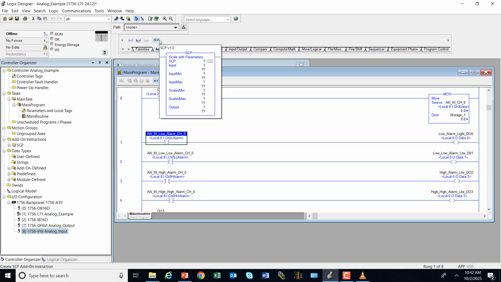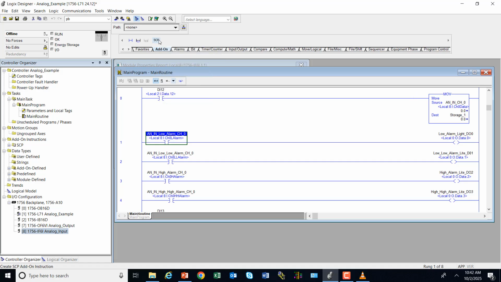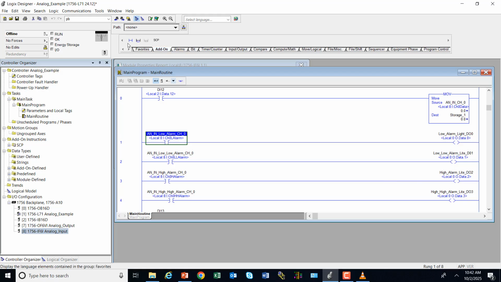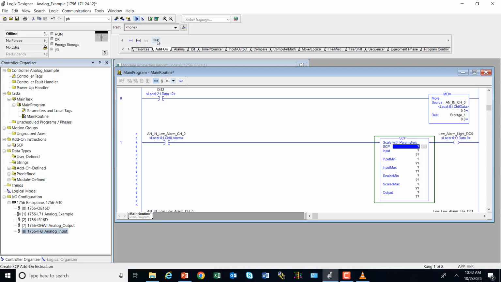I got one right there, Scale with parameters. I've got this instruction that I made, and it's just like any of these other ones now. I can use it whenever I want, okay? So if I came down here and wanted to add it, there, I added it. Boom, it's there. I've got this to use now if I want to use it, okay?